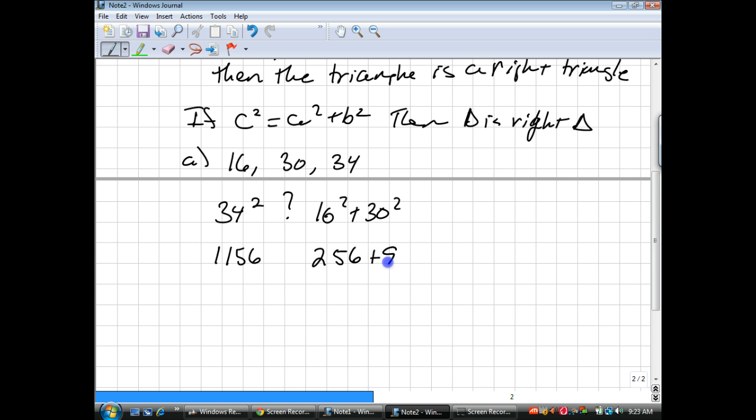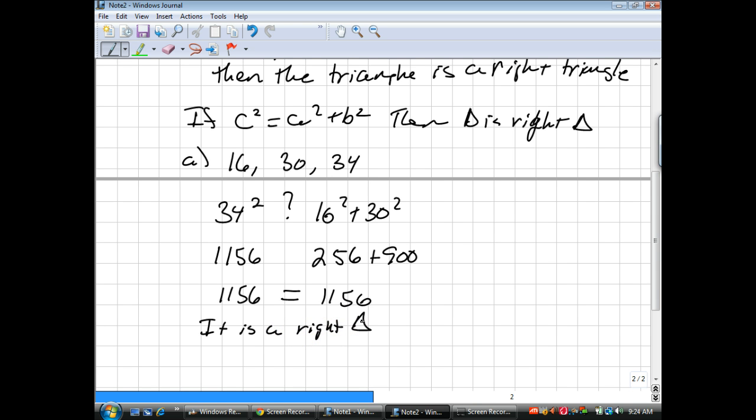And 30 squared is 900. And if we add those together, we get 1,156. Those are equal. So these are the sides of a right triangle. So we can say it is a right triangle.